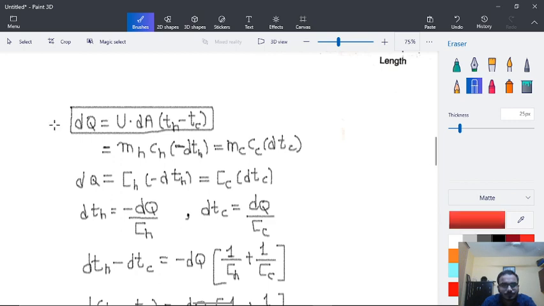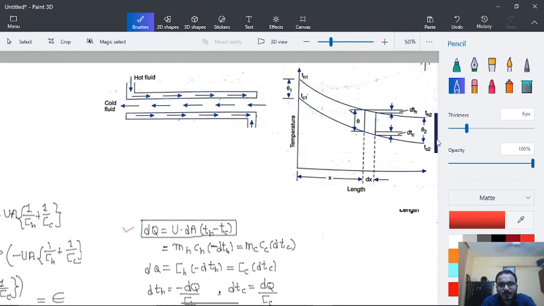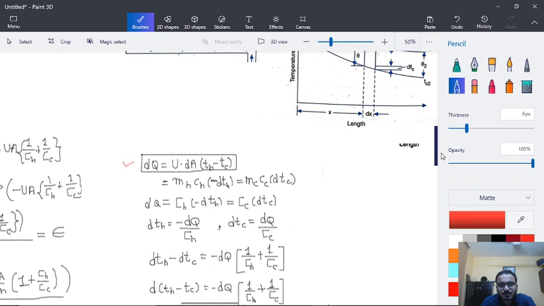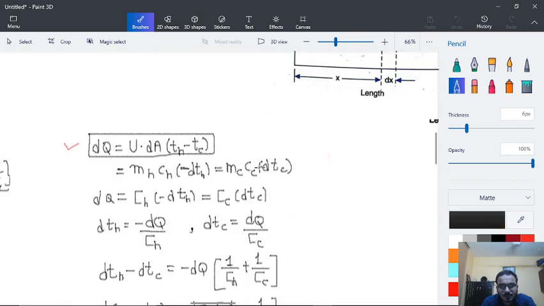And here this is MH CH into minus dTH because it is losing heat, and the cold fluid is flowing in the opposite direction, so we put a negative sign here: minus Cc into minus dTc.